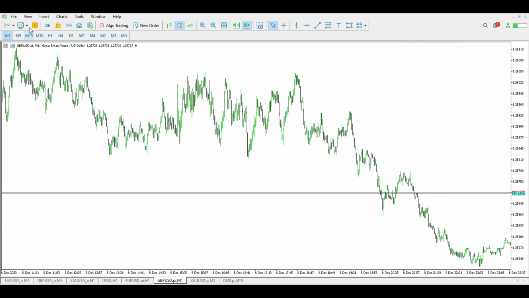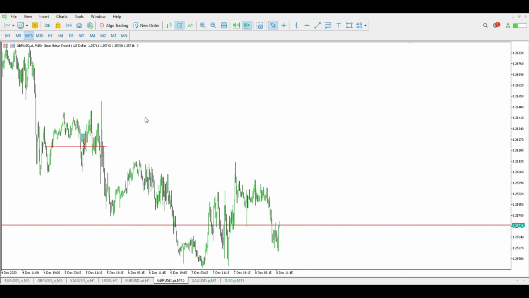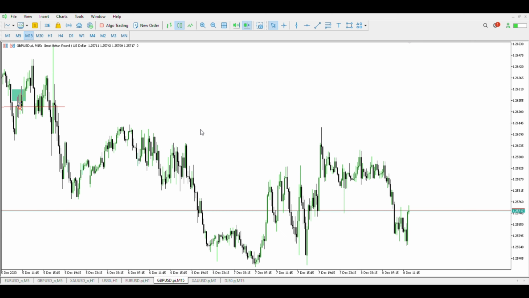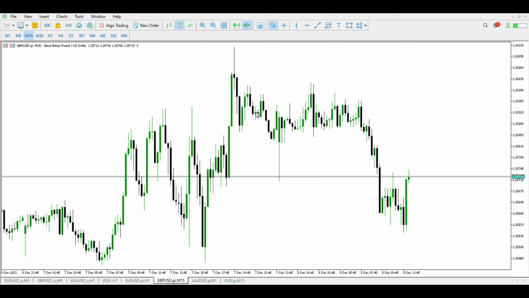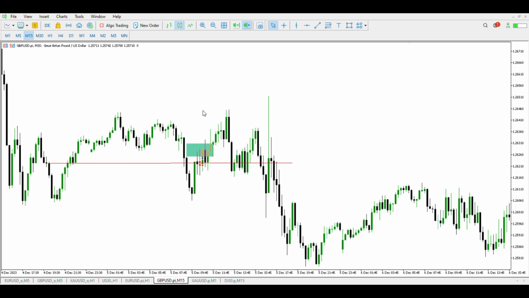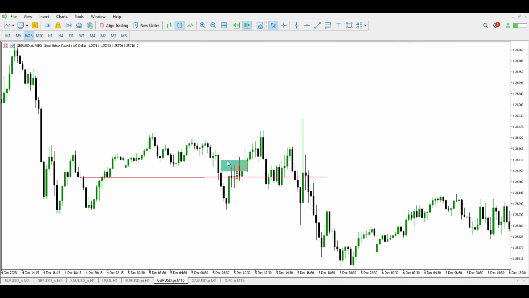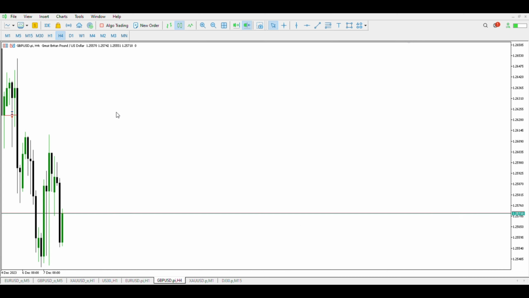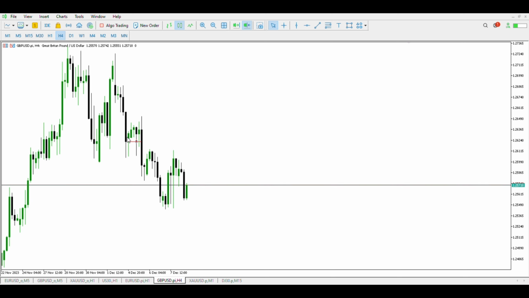Before I end the video, let's just look at the 15-minute order block so you can see what I'm saying clearly, and maybe identify it on your own. This is the 15-minute order block here, and it is within the 4-hour bearish order block.